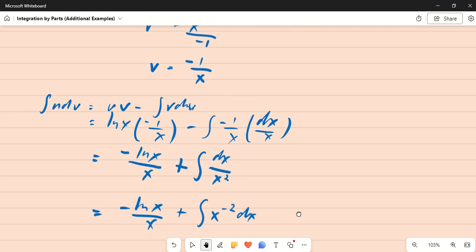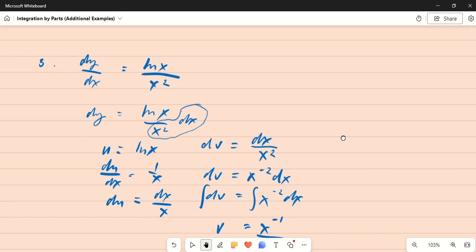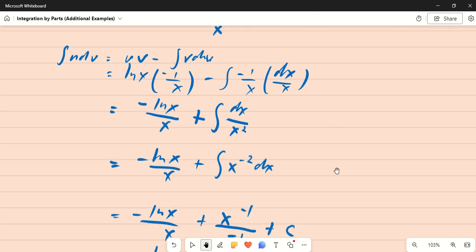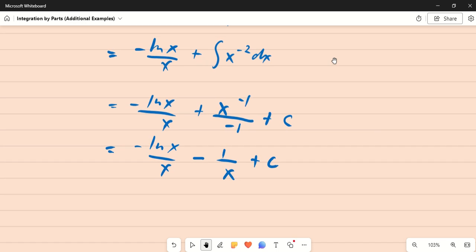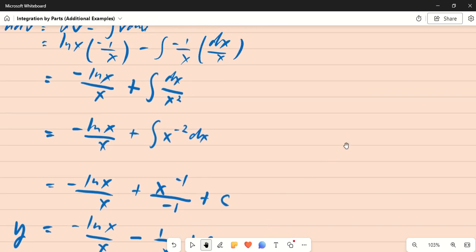Okay, and then since here in this example again we are asked to solve the general solution of the differential equation, our answer should be written in this form: y is equal to negative ln of x over x minus 1 over x plus the arbitrary constant, because of course the solution of a differential equation is also a function. Okay, that's for our example number 3.